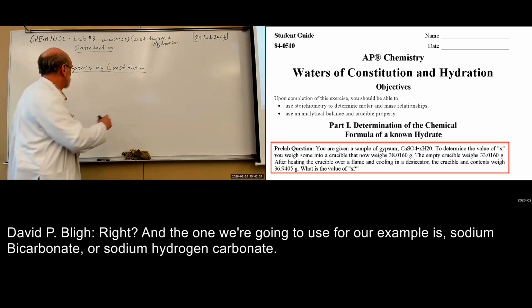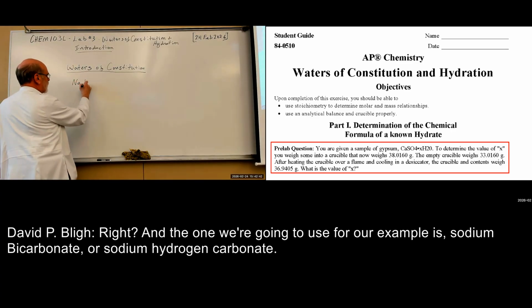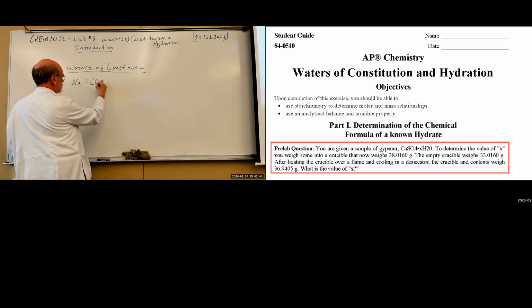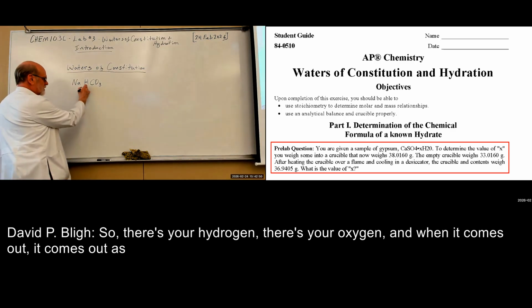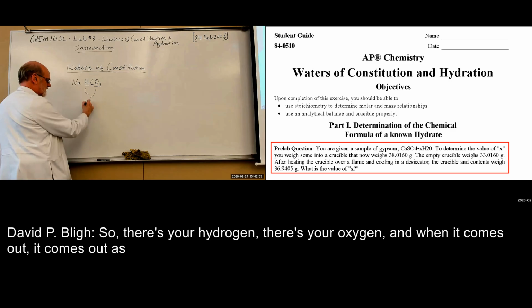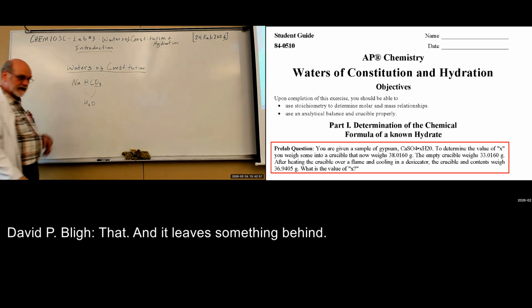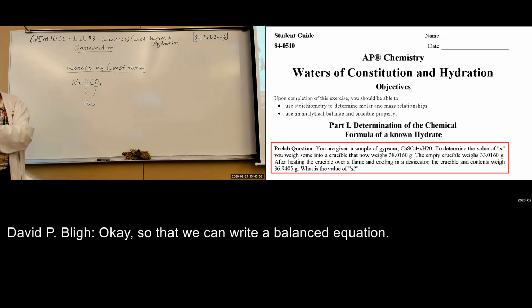And the one we're going to use for our example is sodium bicarbonate, or sodium hydrogen carbonate. Right? So there's your hydrogen, there's your oxygen, and when it comes out as that, it leaves something behind. That's the trick. We got to reason what is it that is left behind, so that we can write a balanced equation.